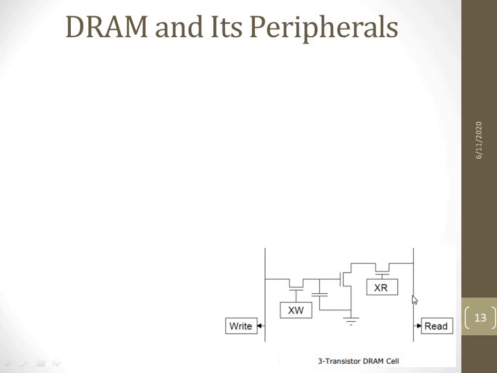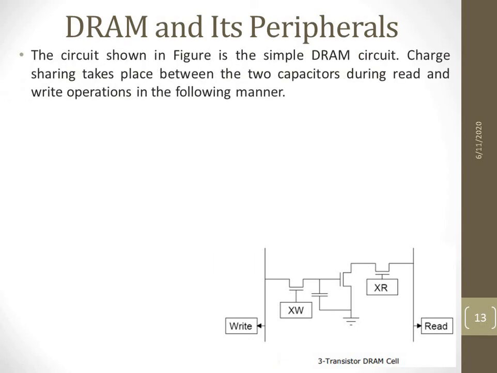Now moving on to DRAM and its peripherals. As I said earlier, DRAM consists of a capacitor which stores the value. The circuit shown here is a simple DRAM circuit. The charge is shared here.